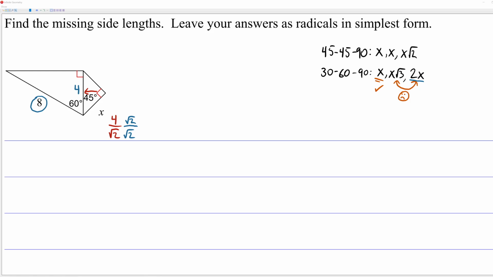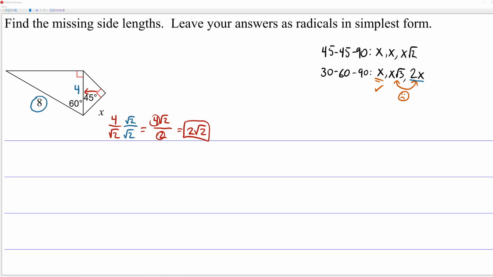If you do that, in the top we have 4 times the square root of 2. In the bottom you have the square root of 2 times the square root of 2, which is just 2. And then 4 divided by 2 is 2, and we still had the square root of 2. So the answer to the question is x equals 2 root 2.